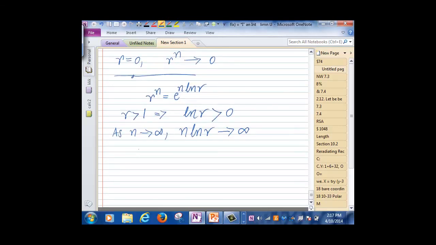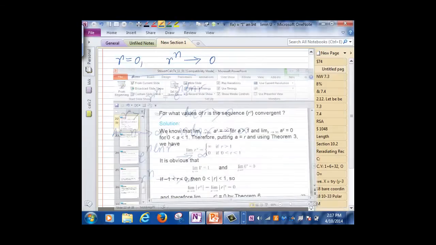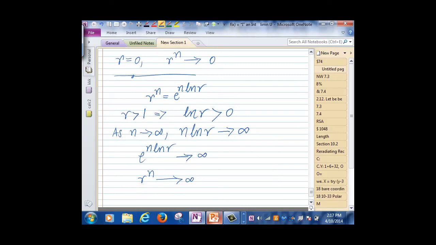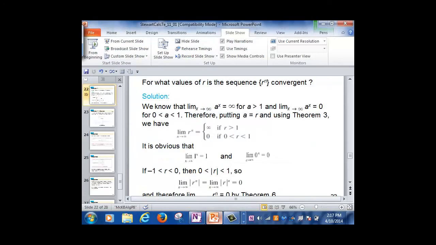So that means that e to the n ln of r will go to infinity, because e to the x, as x goes to infinity, will go to infinity, and so r to the n will go to infinity as well. So when r is bigger than 1, r to the n goes to infinity.